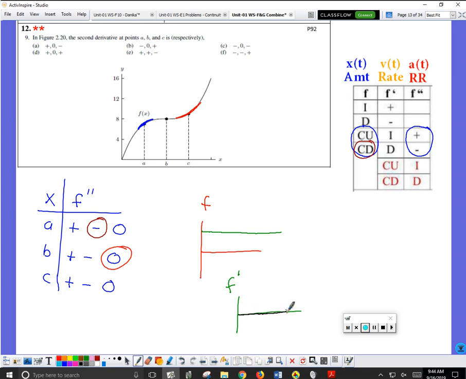And then the slope of that is still 0. So f double prime would just look like this. That didn't work. Change color. There we go. Like that. Is that what you meant?